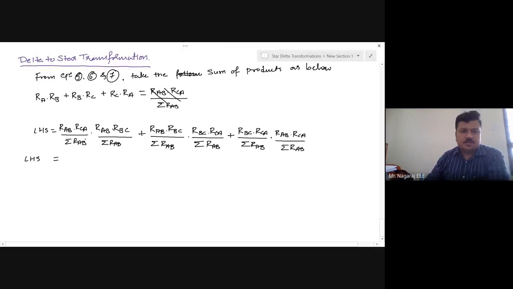You observe that in the first term there is RAB, RBC and RCA. In the second term there is RAB, RBC and RCA. In the third term there is RAB, RBC and RCA. So in the numerator of all the 3 terms, I have RAB, RBC and RCA common. And in the denominator I have summation RAB into summation RAB. I will not multiply them, I will keep it as it is.